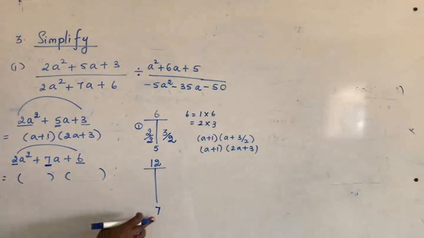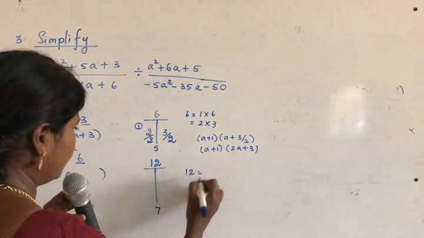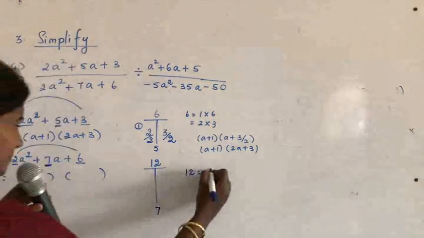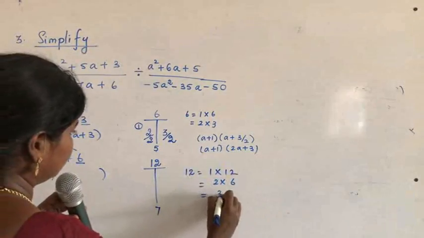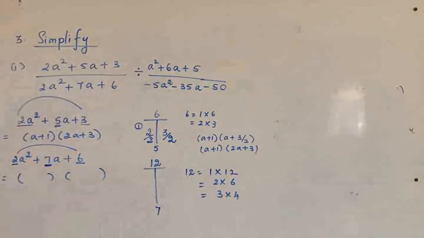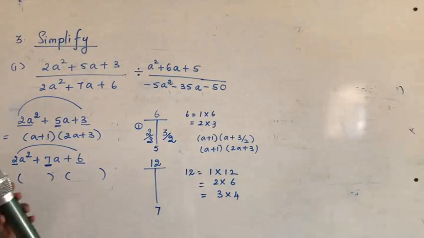So what's the answer? 7. Let's express 12 as the product of two numbers. 1 into 12, 2 into 6, 3 into 4. I hope you people can find the numbers directly. Yes, what is the number that we are going to choose? 3 and 4.